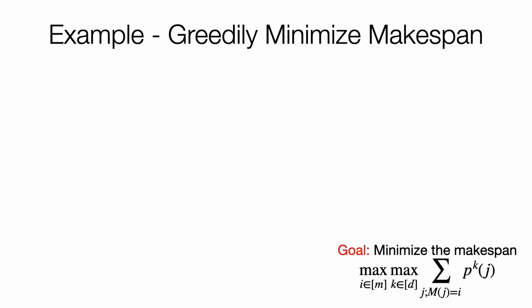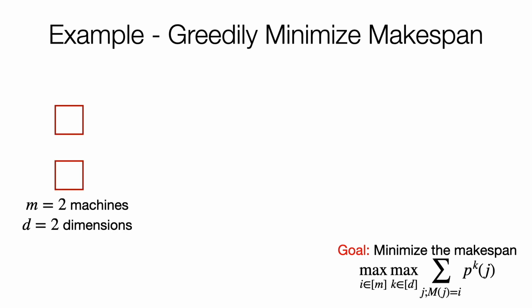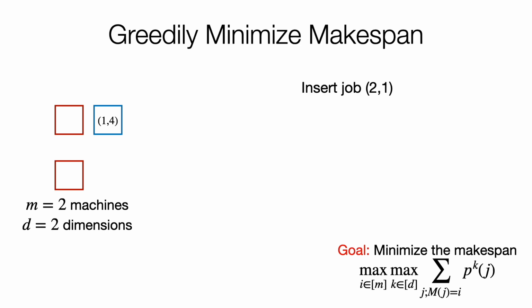Let's look at an example. Let's say we have only two machines and two dimensions. We're given a job (1, 4) as input. This means the job has load 1 in the first dimension and 4 in the second dimension. And let's say we insert it into the first machine. Now we want to insert job (2, 1) and we send it to the second machine.